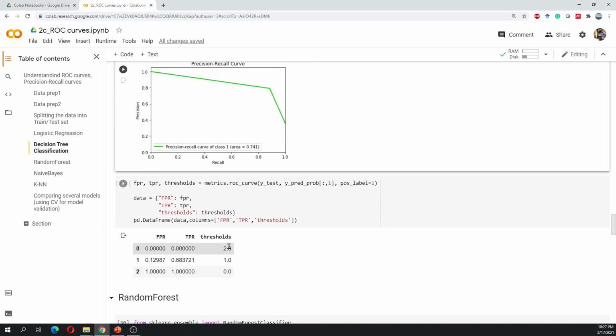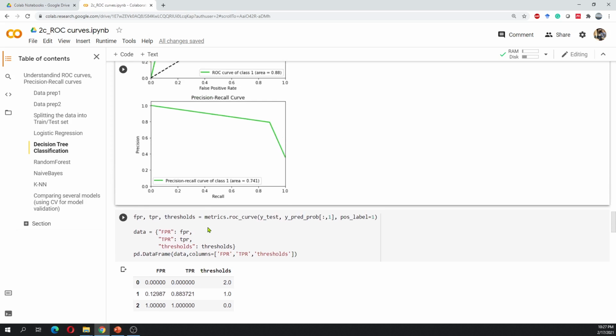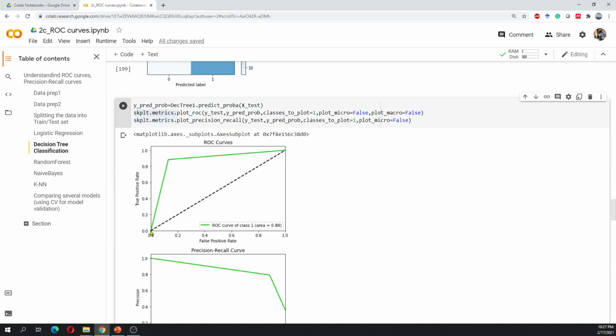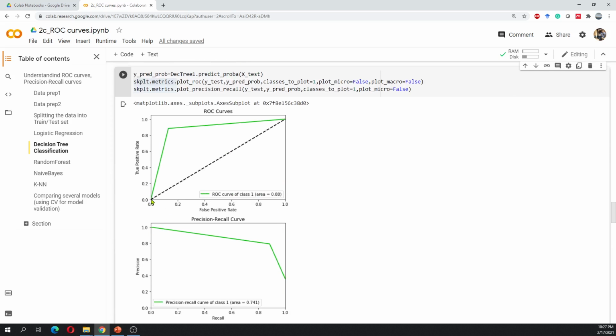But you notice here, you basically have a threshold of 1 or a threshold of 0. That means if you follow up here, one option is false positive 0, true positive 0. Of course, you don't want that.